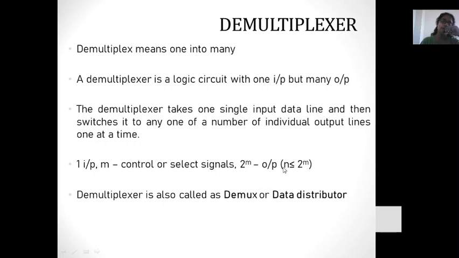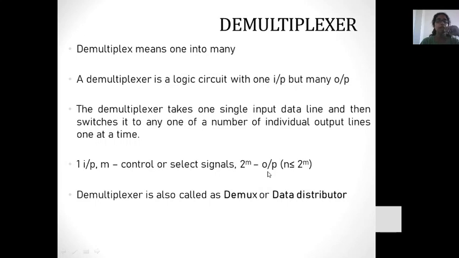So my dear students, here we have to remember three things. A demultiplexer circuit has one input, m control signals and 2 raised to m outputs. So three things: input 1, control or select signals m.